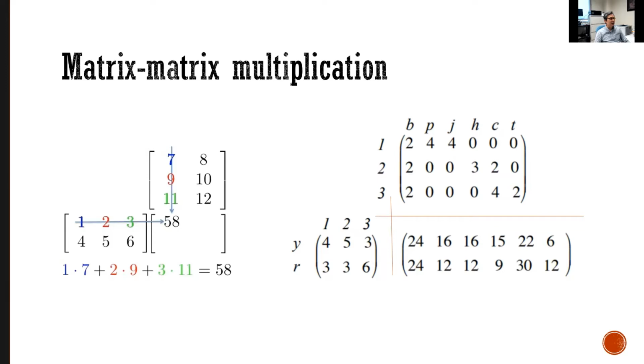Once you have this 2 by 3 matrix and you want to multiply it by another matrix which has to be 3 by 2, you have to have a match between these dimensions. The second dimension of the first matrix has to be the same as the first dimension of the second matrix. Otherwise, you just cannot do this multiplication between two matrices.